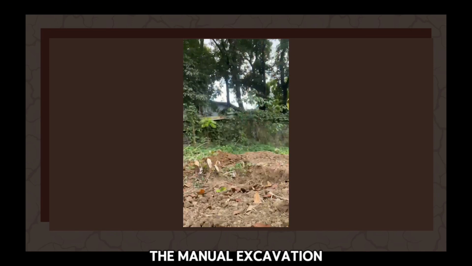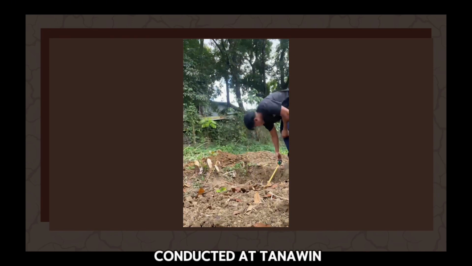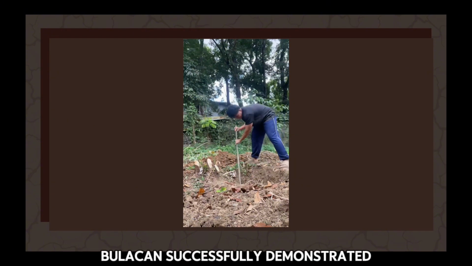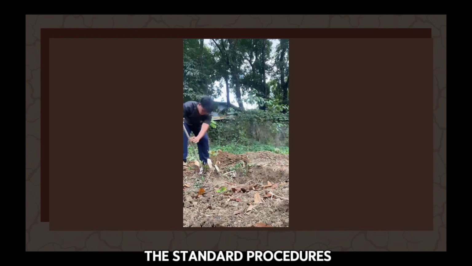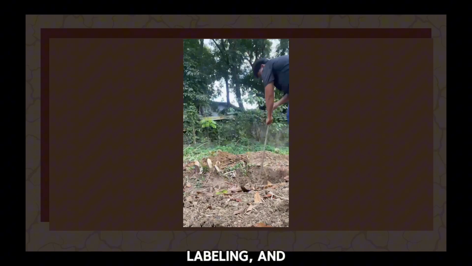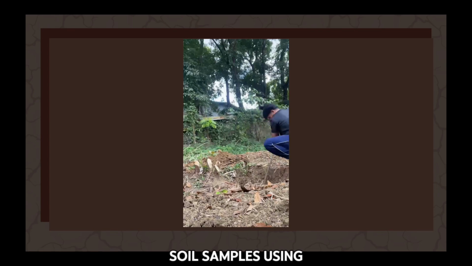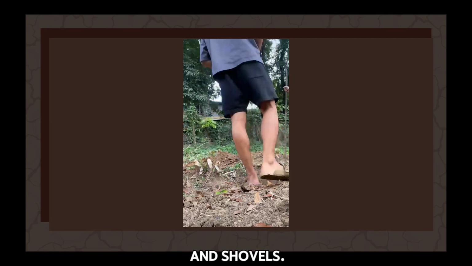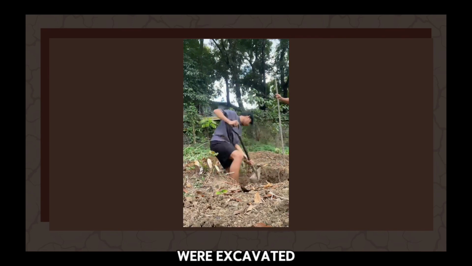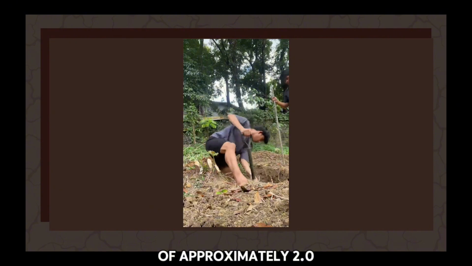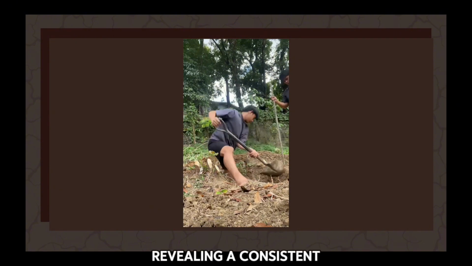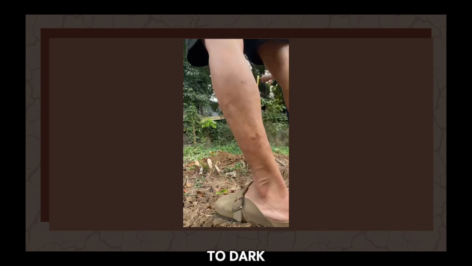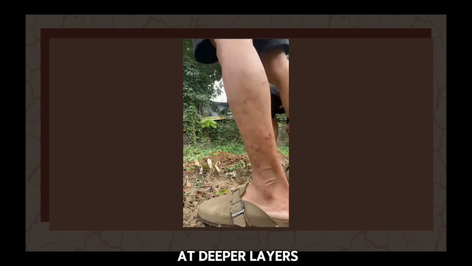The manual excavation and soil sampling conducted at Tanawin Road, Tungkang, San Jose del Monte City, Bulacan successfully demonstrated the standard procedures for obtaining, labeling, and storing disturbed soil samples using basic excavation tools, such as spades and shovels. 3 trial pits were excavated to a depth of approximately 2.0 meters, revealing a consistent site stratigraphy that transitioned from light brown soil near the surface to dark orange clay-like material at deeper layers.